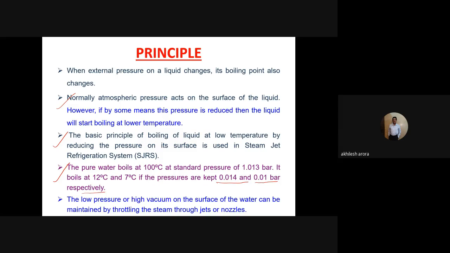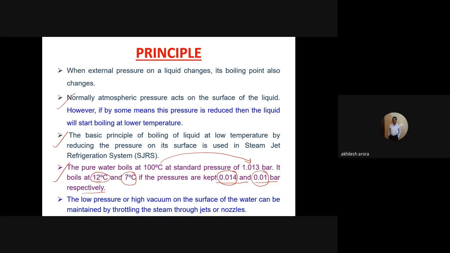So it's very clear, if it is 100 degrees Celsius, the pressure is 1.013 bar. And if we want the water to boil at 12 degrees Celsius, then the pressure should be 0.014 bar. And if we want the water to boil at 7 degrees Celsius, then the pressure should be 0.01 bar, respectively.